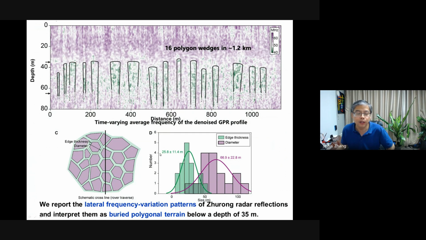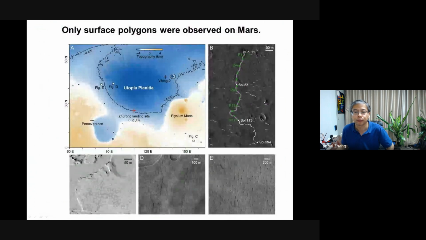The edge thickness is about 25 meters, and the diameter is about 70. We generally observed 16 edges, and it's buried under 35 meters. So we didn't see a clear bottom of this structure.